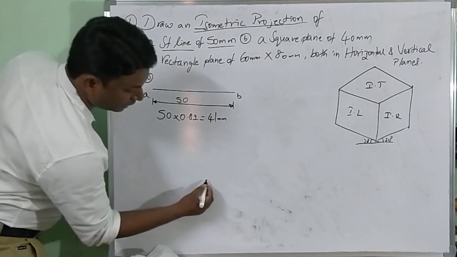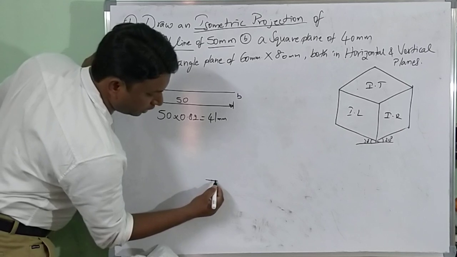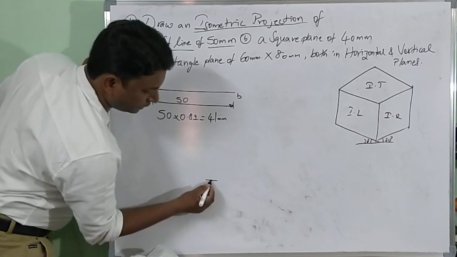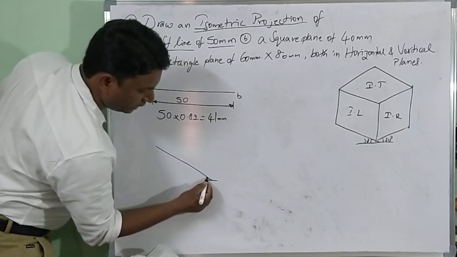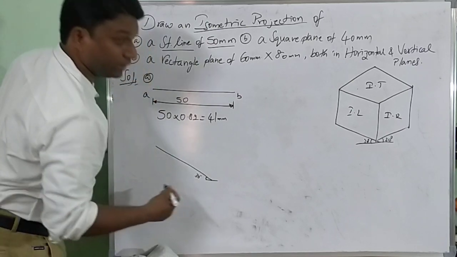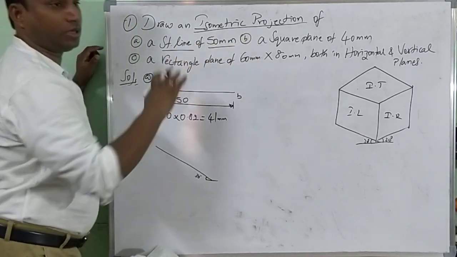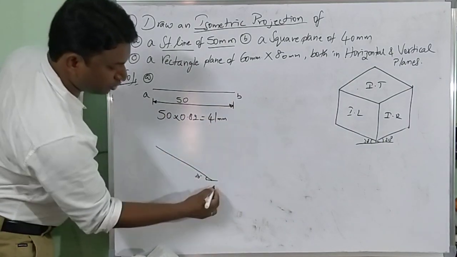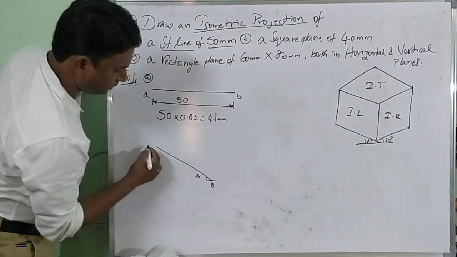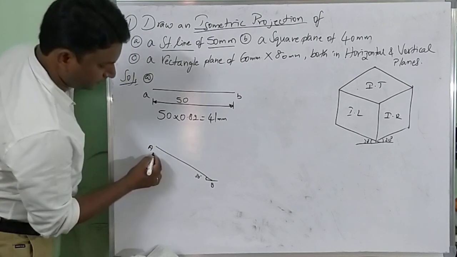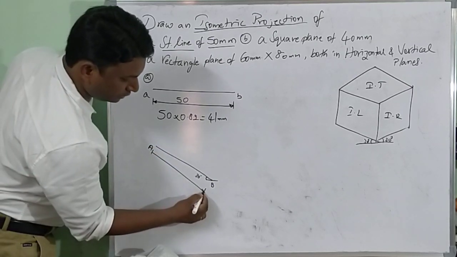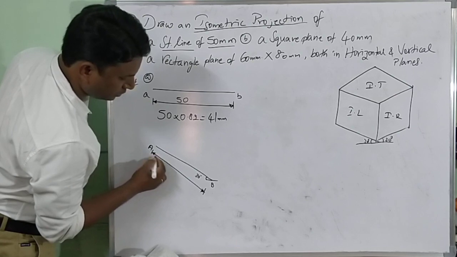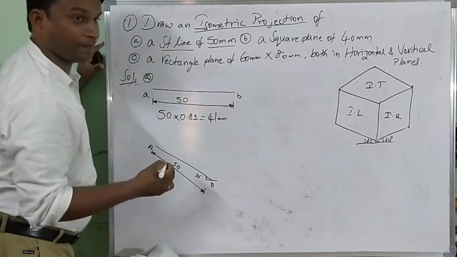So here it is simple. First take a reference point, draw a line. From that, draw a line towards the left side at an angle of 30 degrees, in the horizontal plane. With respect to this I have drawn on the left side, capital B, capital A, dimension 50.